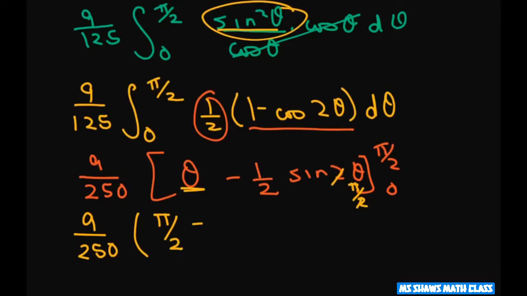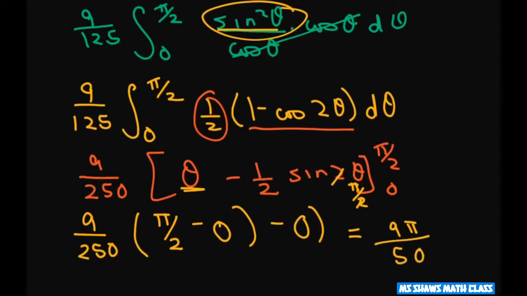So sine of pi is 0. So that's just going to be minus 0. And then when you plug in 0, you're still going to get 0. So your final answer is going to be 9 pi divided by 500. And that's it.